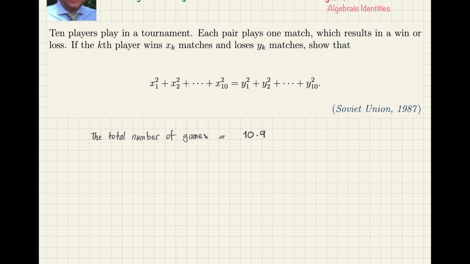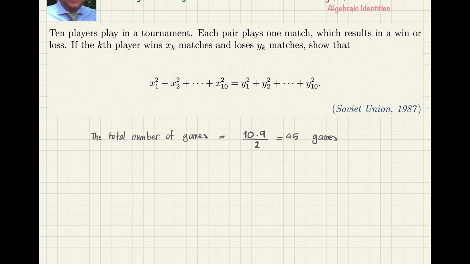But of course, if I write 90, I am counting each game twice, because when player 1 plays against player 2, simultaneously player 2 is also playing the same game against player 1. So the total number of games is not actually 10 times 9, but half of this number, so that would be 45 games.